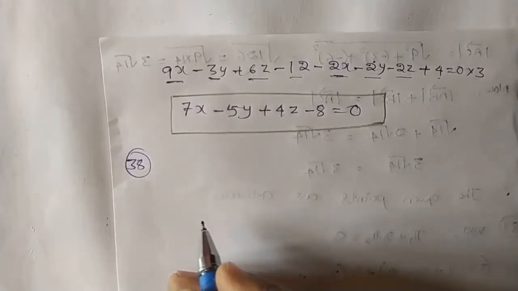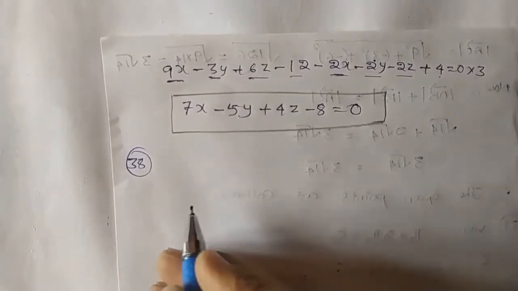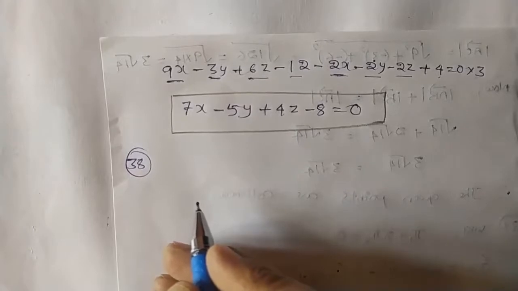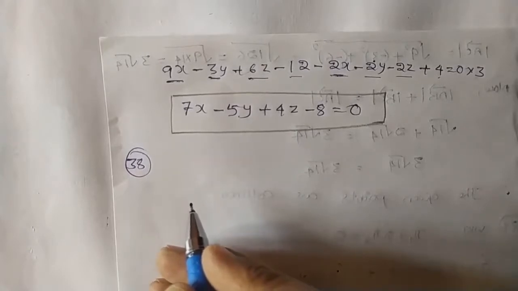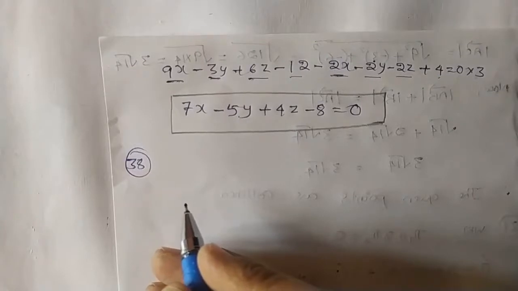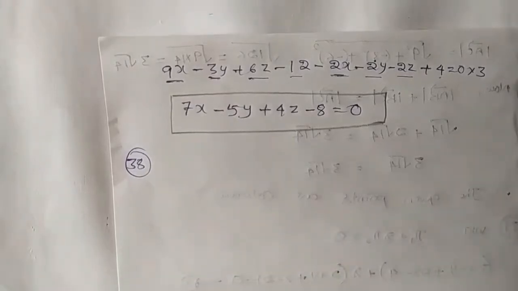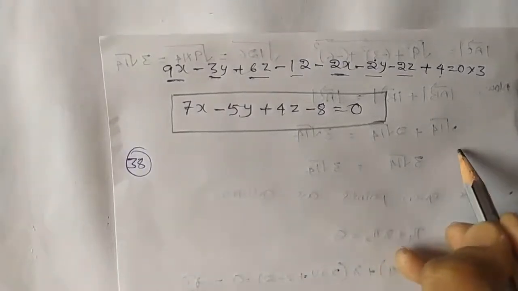A man speaks truth 3 out of 4 times. If he talks 4 things, 3 are truth and 1 is false, like that. That person is throwing a die and reports that it is a 6. I understand. See, one person is there.